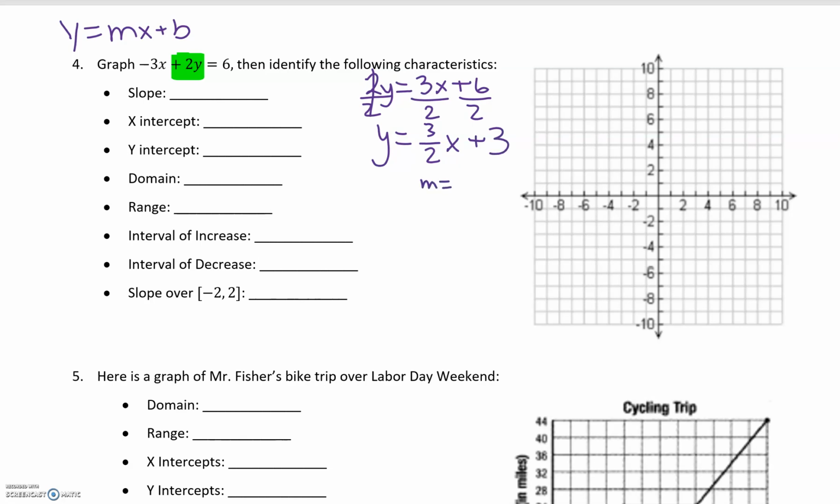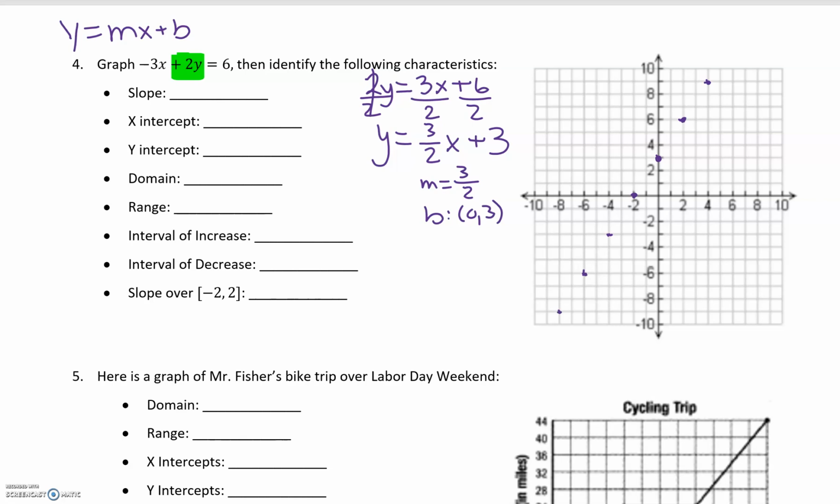So our slope is going to be rise 3, run 2, and our y-intercept is going to be at 0, 3. So plot your y-intercept, and we're going to rise 3, run 2. Go the other way, down 3, left 2, down 3, left 2. As far as you can go is my suggestion, until you get to the edge, or as close to the edge as you can.